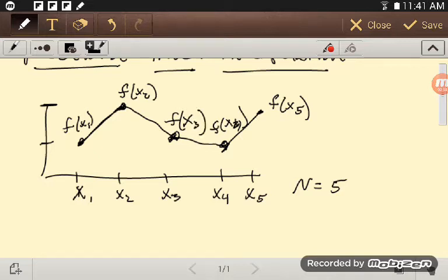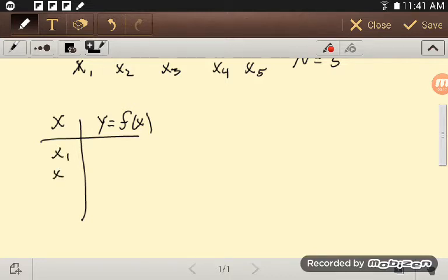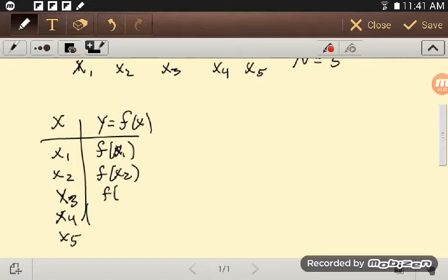More likely you'd have this data, maybe something like that. You have x1, x2, x3, x4, x5, and then your f of x1 or y1, f of x2, f of x3, f of x4, f of x5.